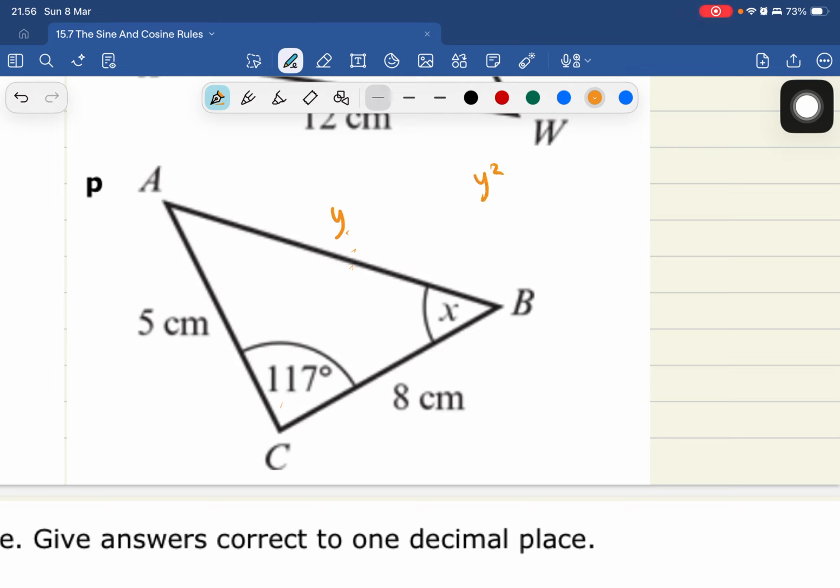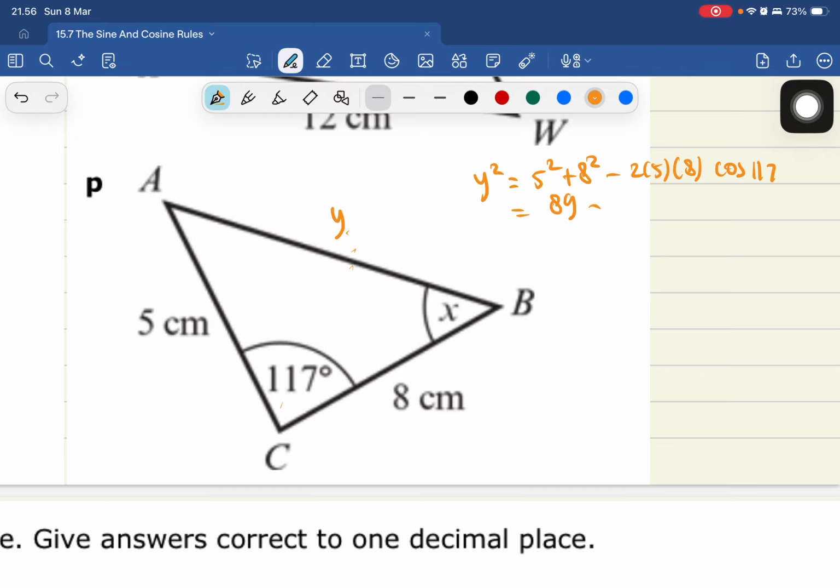So you got y square equal to 5 square plus 8 square, we minus by 2 times 5 times 8 times cos 117. So we got 5 square plus 8 square, it's gonna be 89.